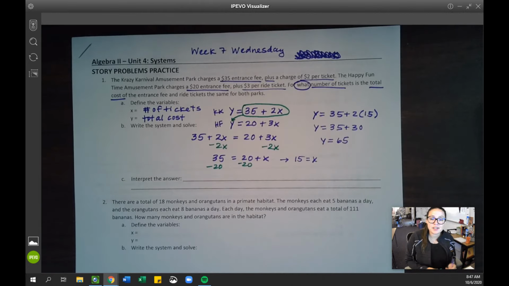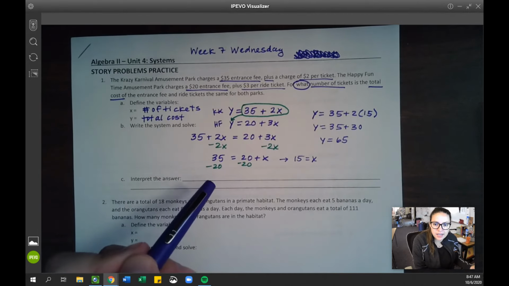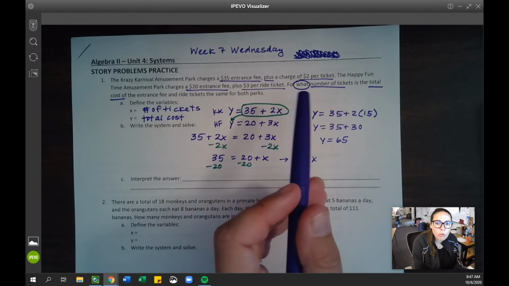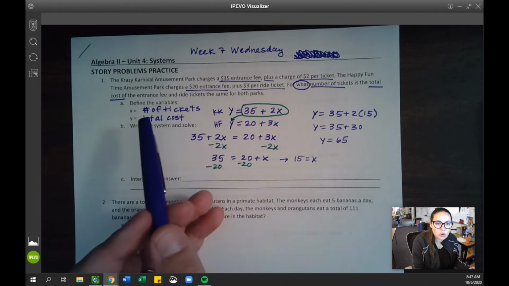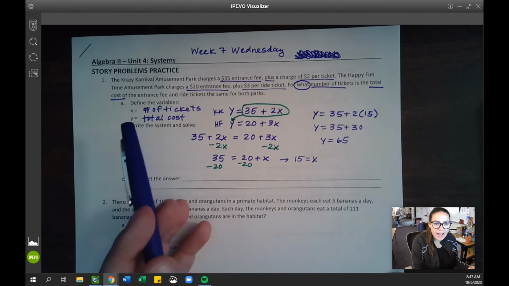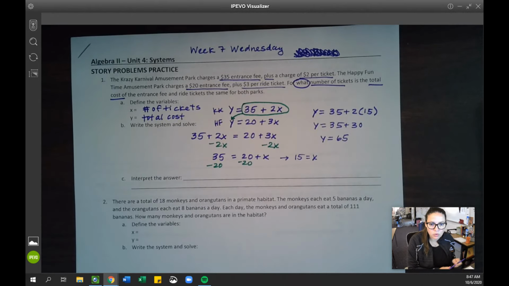Now, here's the important part, and this is something you're going to have to be able to do on your test, is interpret the answer. Yes, we found that x is 15 and that y is 65, but what does that mean in the context of this scenario? What did they actually ask us to find? What number of tickets is the total cost the same for both parks? Well, remember, x represents the number of tickets and y represents the total cost.